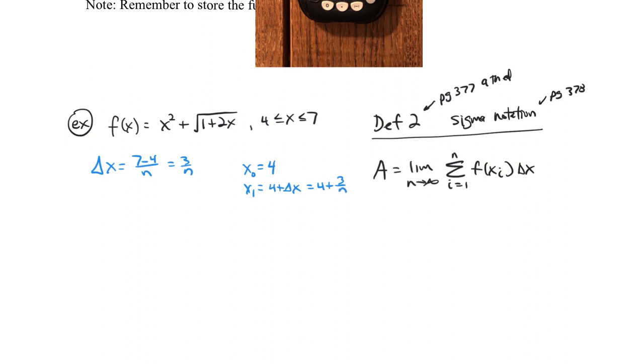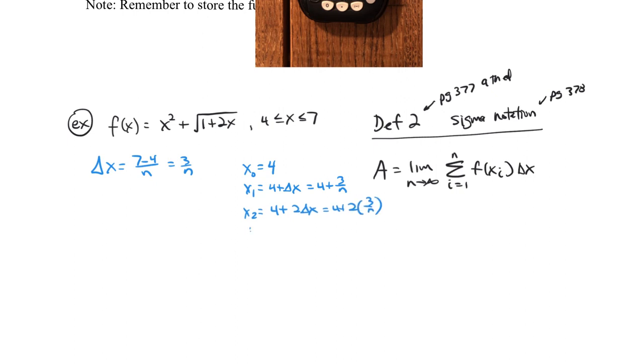You can think of how we developed this in class, how we made the rectangles. We start at x sub 0, then we have x sub 1. x sub 2 is going to be 4 plus 2 delta x's, since we go over 2 delta x's to get to that one, so that's 4 plus 2 times 3 over n.